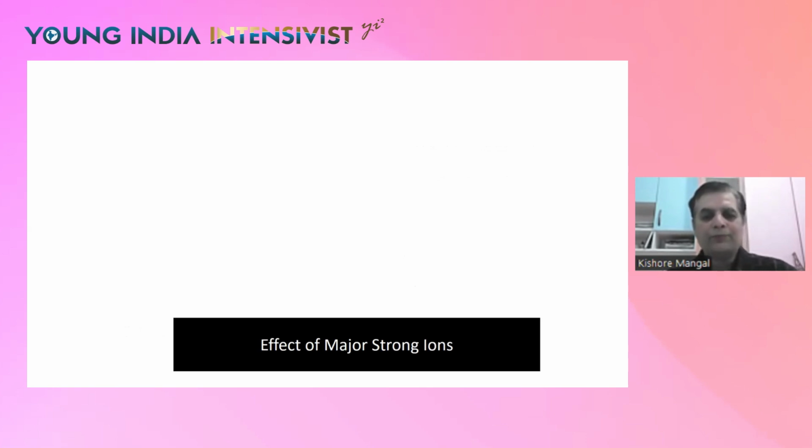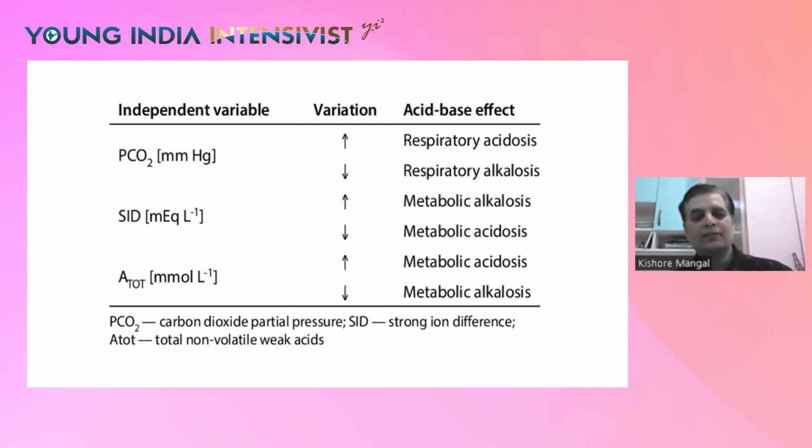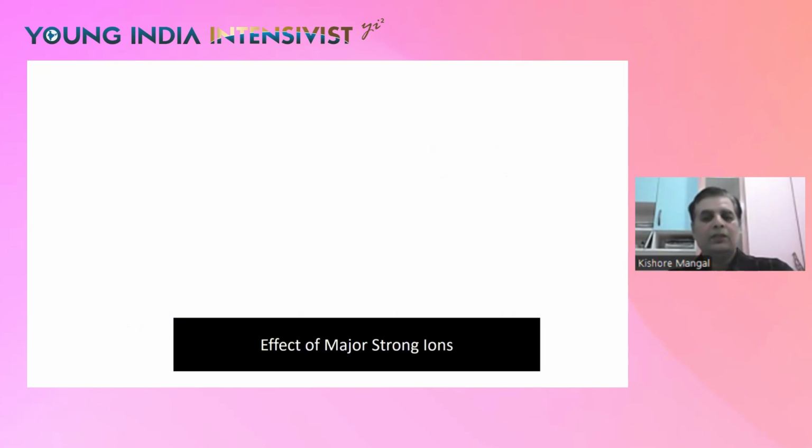So the effect of major strong ions, we have to remember like this table. Again, I am repeating in a different way. We know that the SID is majorly formed between the sodium and the chloride. If the sodium concentration is increased in the body and chloride remains the same, then the strong ion difference will increase, because strong ion difference is mainly sodium minus chloride.